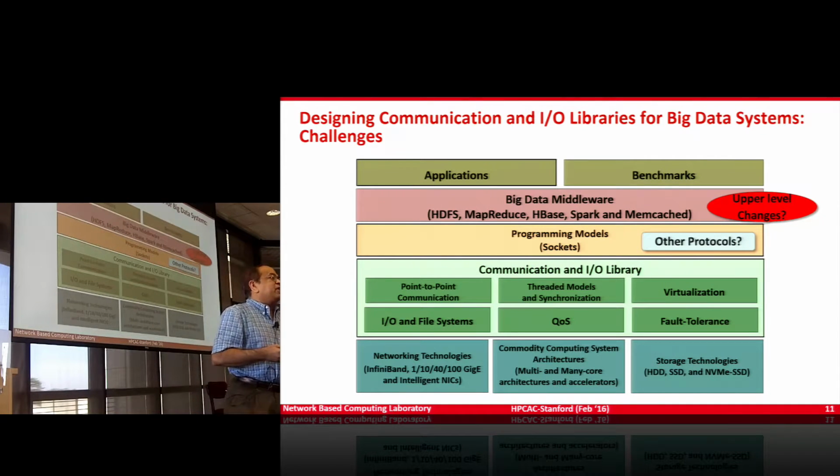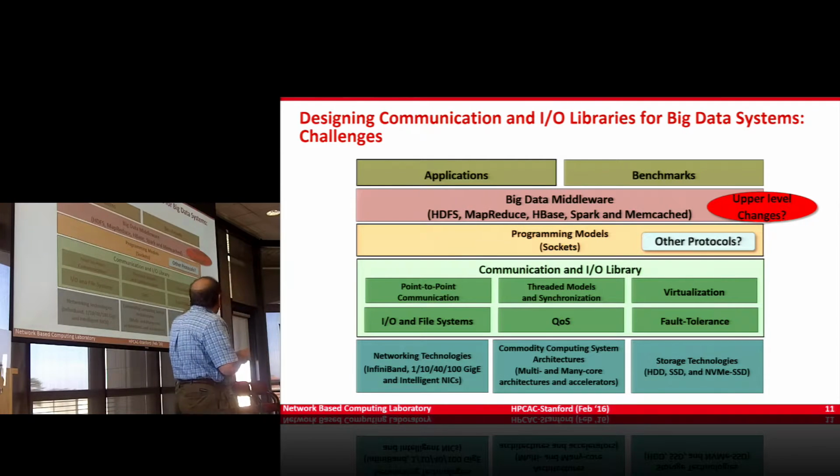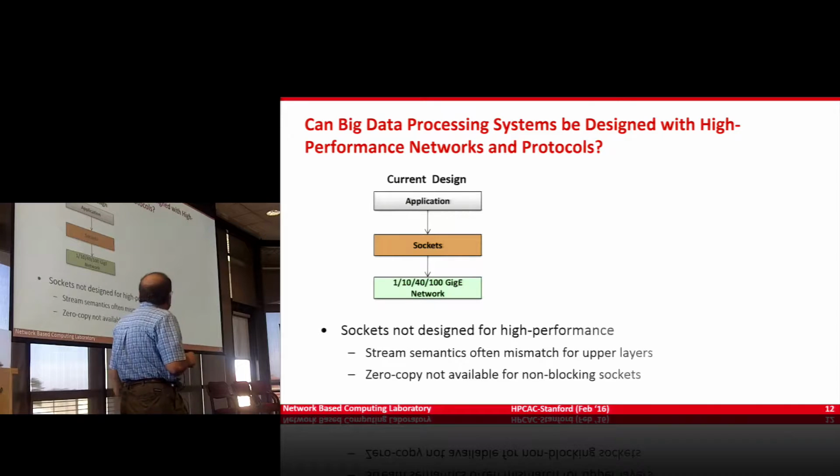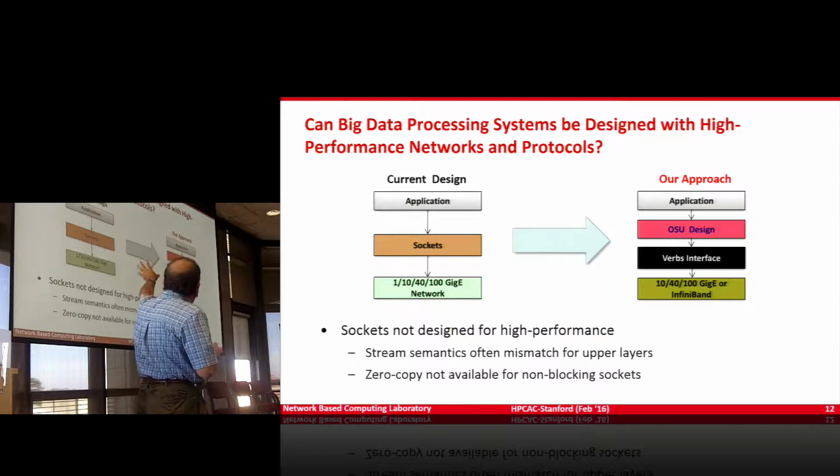Then the second question is, can we revisit the overall architecture or the upper-level designs, because these stacks were designed with slow networks and slow protocols in mind? Now that we can accelerate those, there are more opportunities to explore at the top level, and then we can combine the benefits to see even better results. So that was the kind of questions we asked. This is the very high level; it is trying to provide a pictorial view.